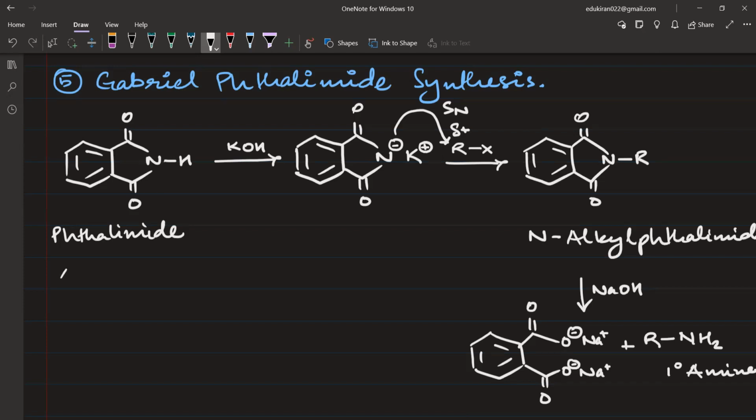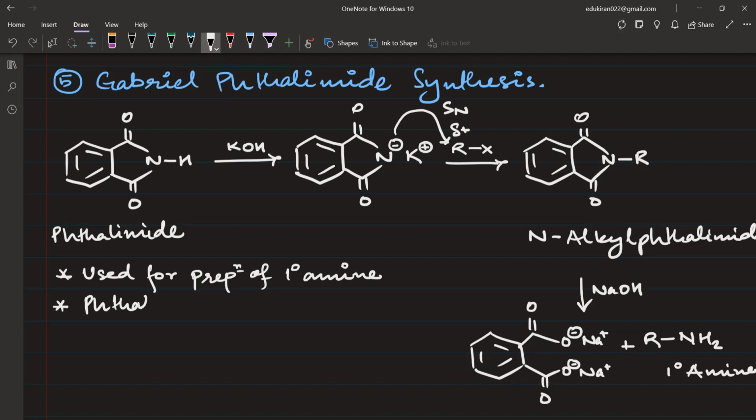You write here first point. Used for preparation of one degree amine. That is primary amine. What happens here?